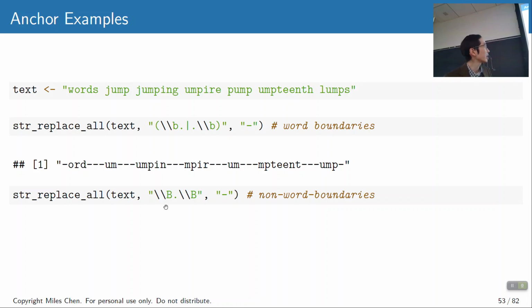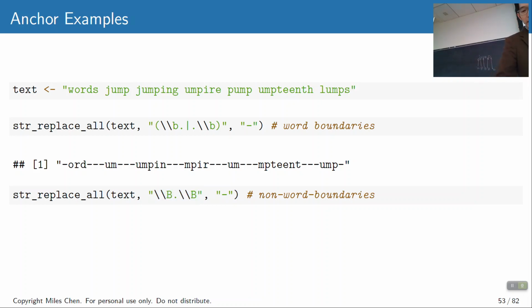Over here, I'm saying replace any wildcard, so any character, as long as it is between two non-word boundaries. So what letters will get replaced in, say, the word jump? The U is between two non-word boundaries. The M is between two non-word boundaries.